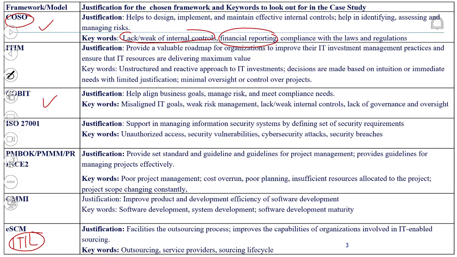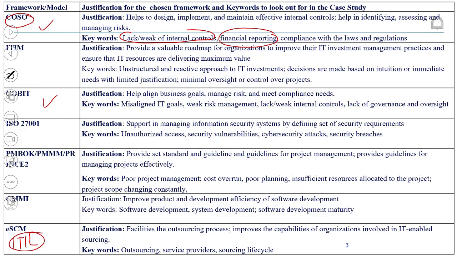In terms of what to look for in COSO: things like weak internal controls, financial reporting, compliance with the laws and regulations. If you see such a thing in a case study, and you're asked to identify or suggest a framework, then COSO could be one that you suggest.